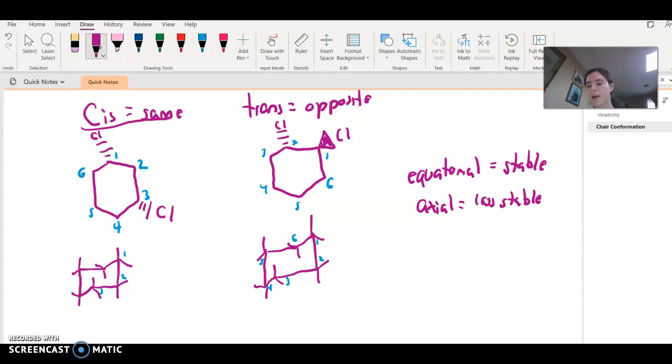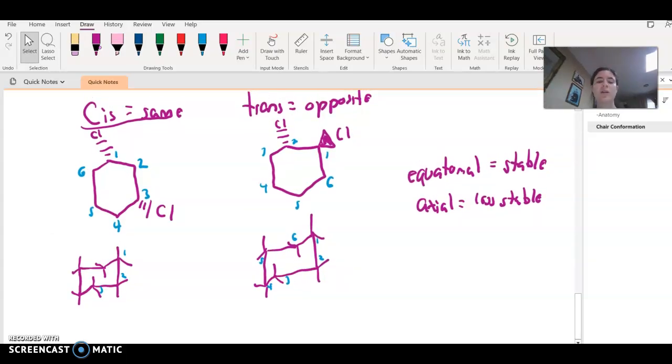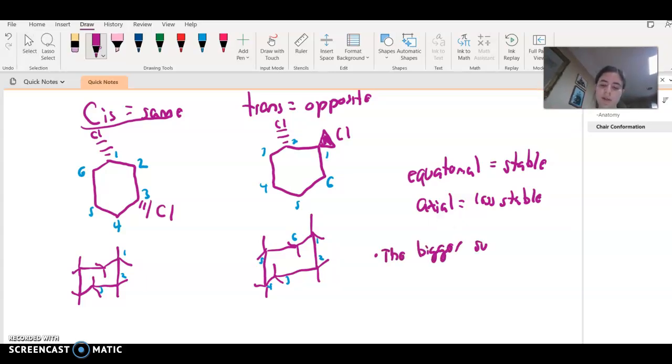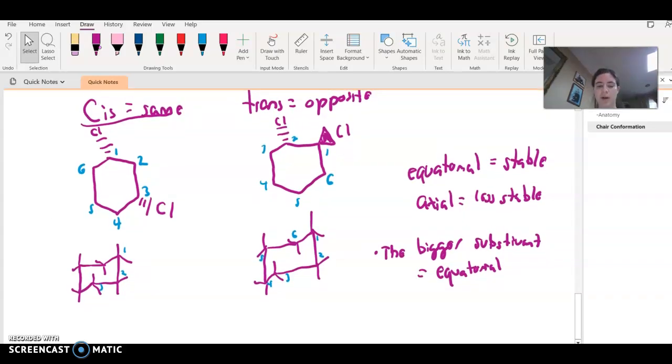Like if they're trans, they have to be in opposite directions. So how do we know which one to make axial versus equatorial if we don't have a choice? The bigger one is the answer. So the bigger substituent equals equatorial. So we are going to try to get as many of the big substituents equatorial as possible.